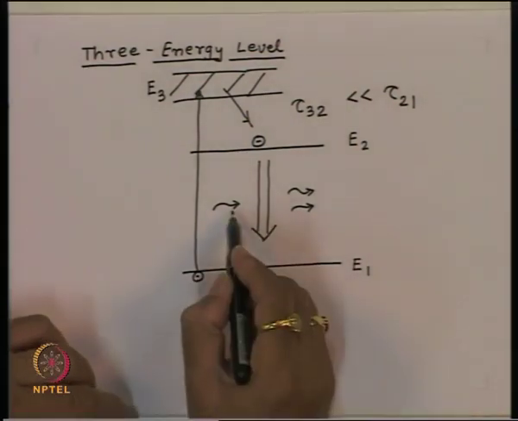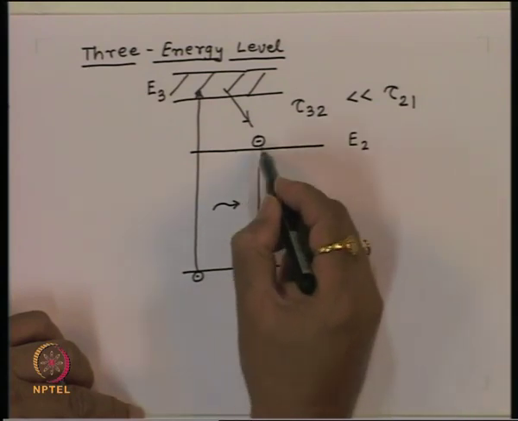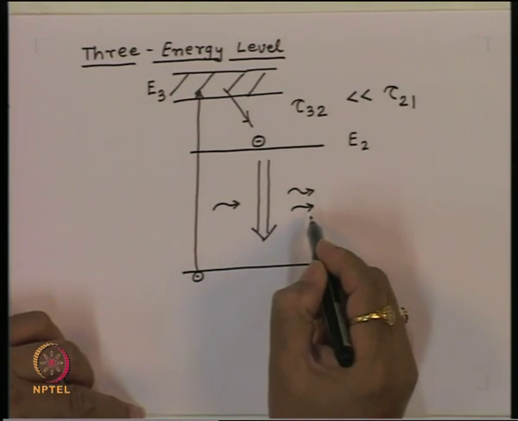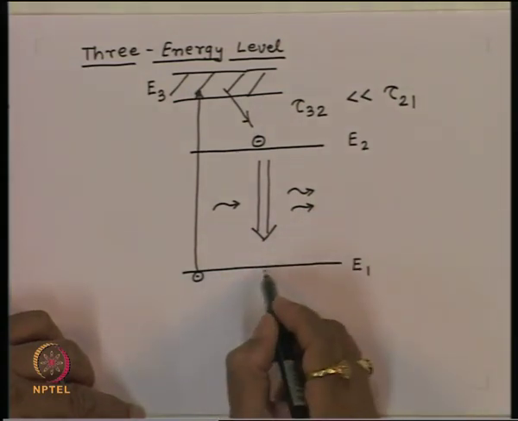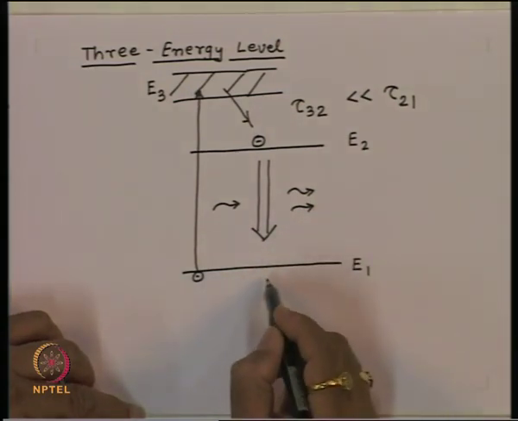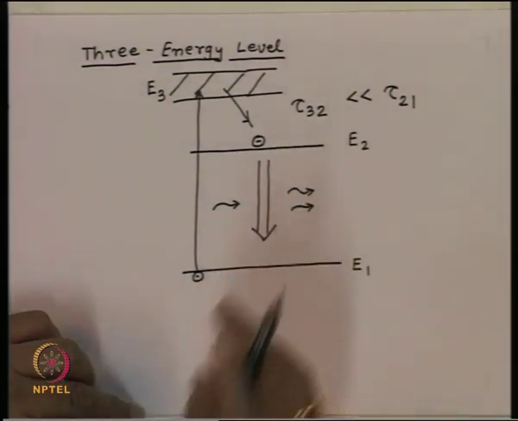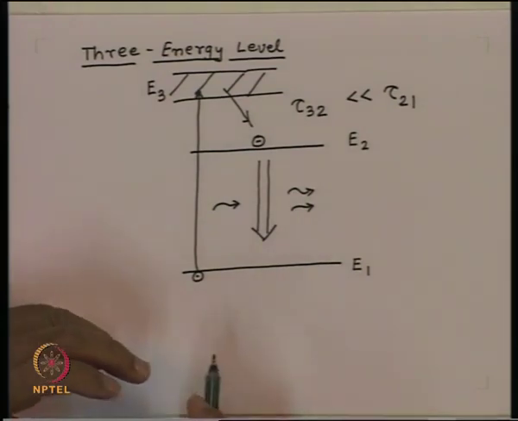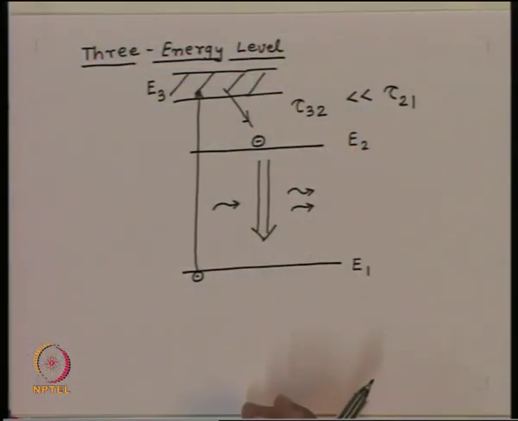That means when this photon comes, either the photon can pull down this electron to emit another stimulated photon, or it can pull an electron up from the down state to this state and the photon may get lost. And as we have seen, to see the net stimulated process taking place, the number of electrons in the upper level has to be larger compared to the number of electrons here, which is what is called the population inversion.